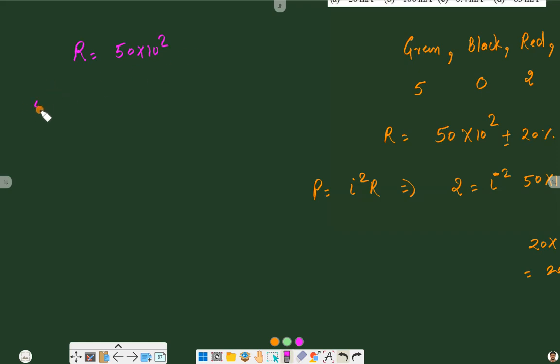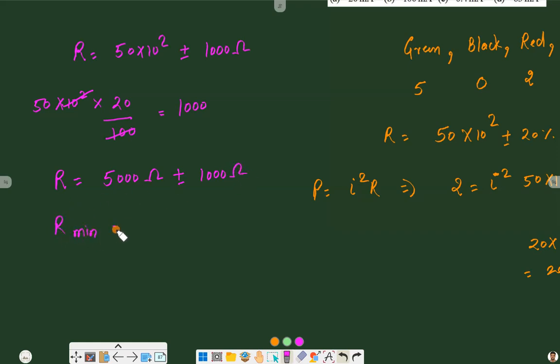So let's calculate 20% of this, 20 by 100 into 5000, and we will get 1000. So plus minus 1000 ohms. Now this is 5000 ohms, so effectively R is equal to 5000 ohm plus minus 1000 ohm. Now the minimum value of this resistance R will be around 4000 ohm and the maximum value will be 6000 ohm.